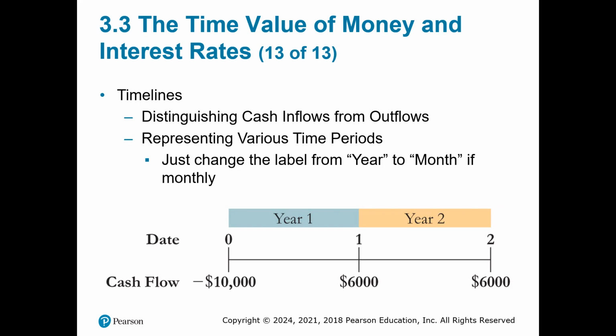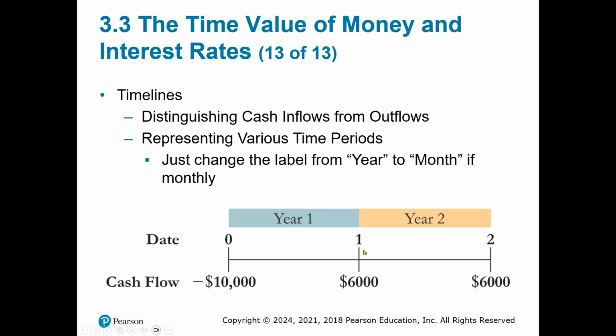In this timeline, date 0 has a cash flow of negative $10,000. Date 1 has a cash flow of $6,000. Then date 2 has a cash flow of $6,000.